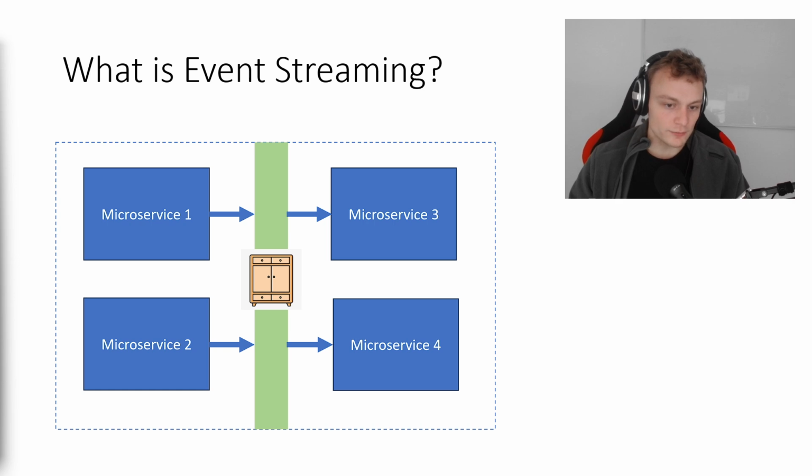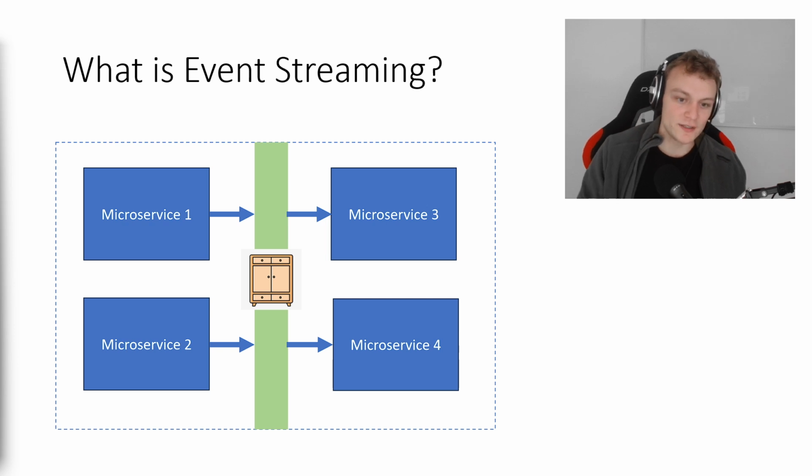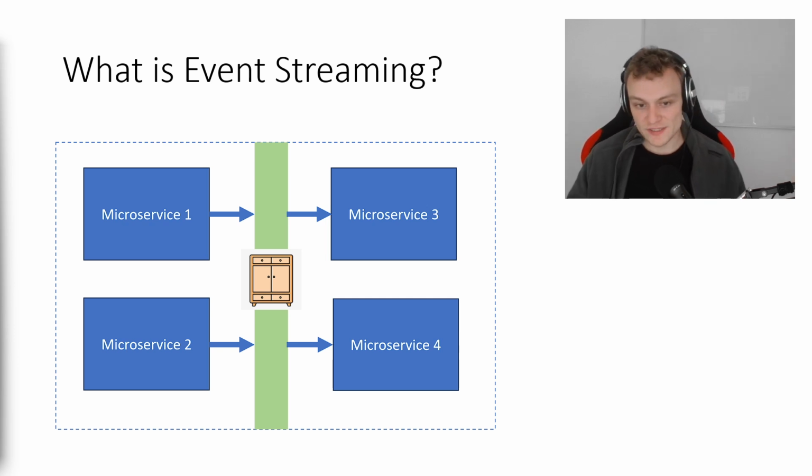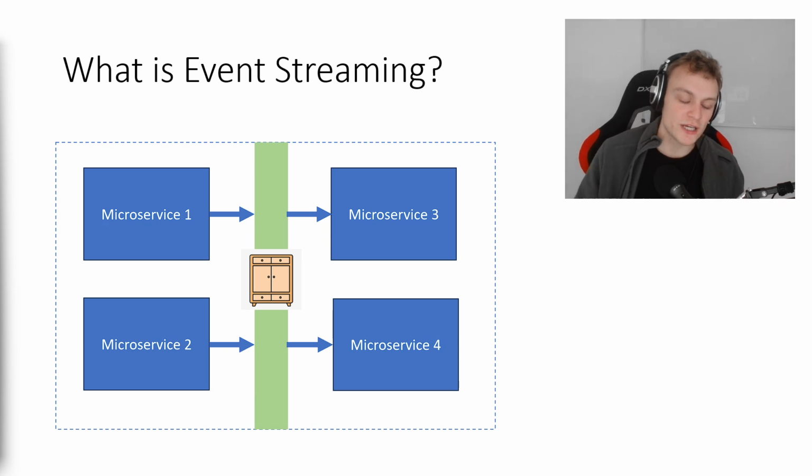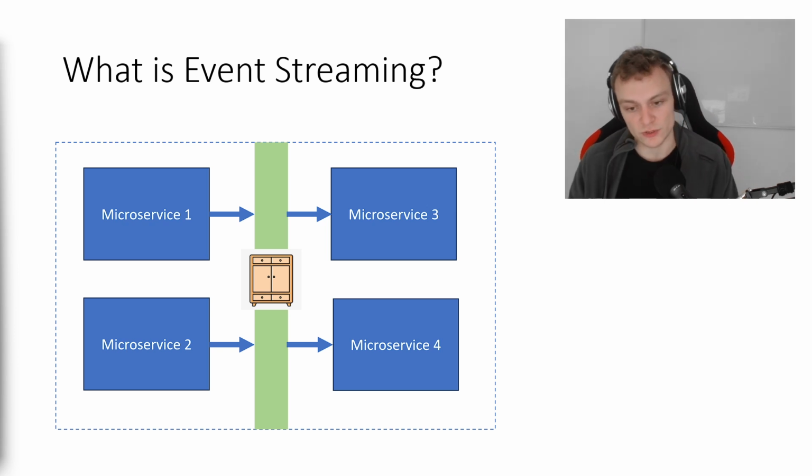And this way, by having this event streaming mechanism in the middle, which accepts data and distributes it again, the data distribution is decoupled. You don't have to specify an API for microservice 1 to access microservice 4.